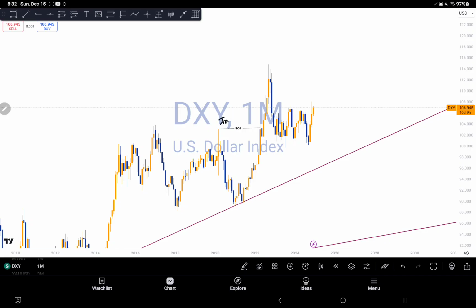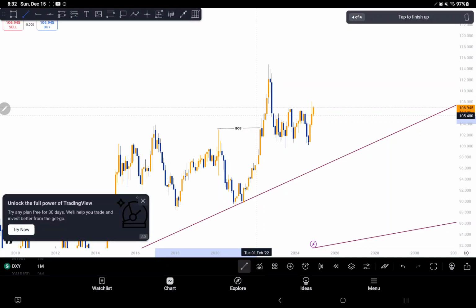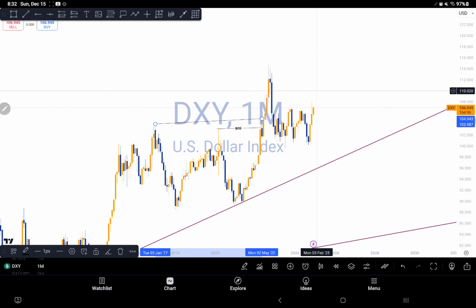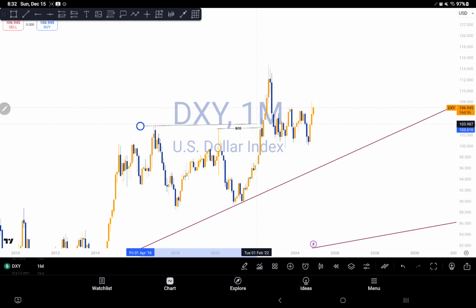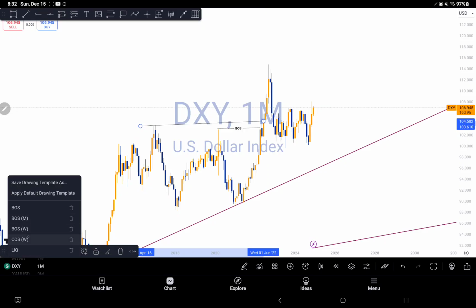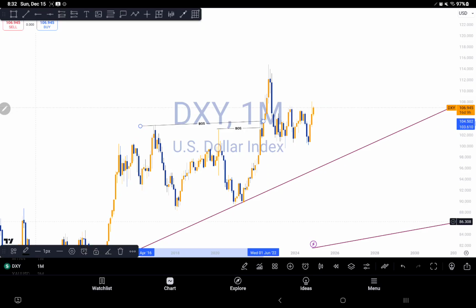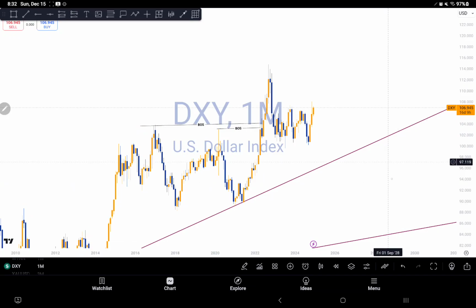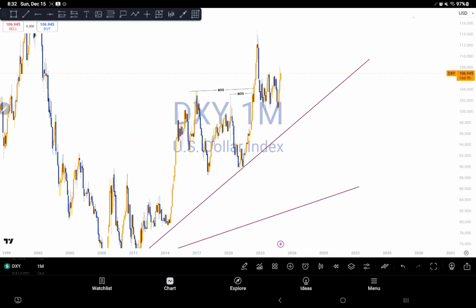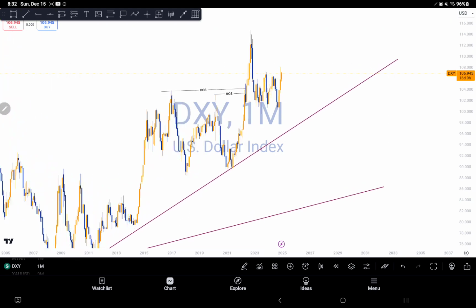This is the internal break of structure. Then this is the overall break of structure right here, because this was the last low we had before this previous one, as we can see right around here.